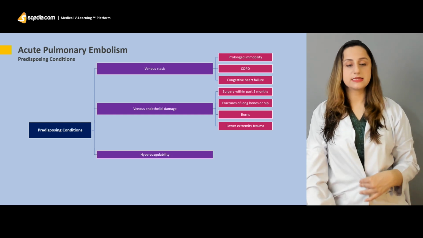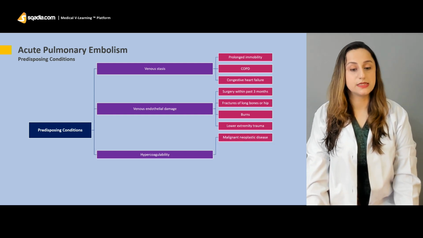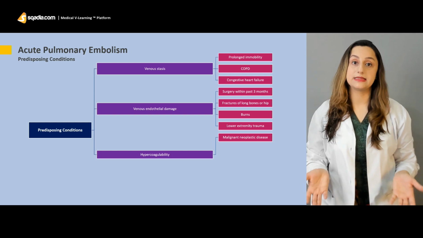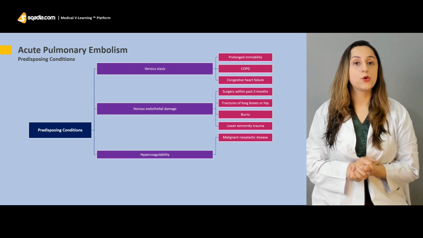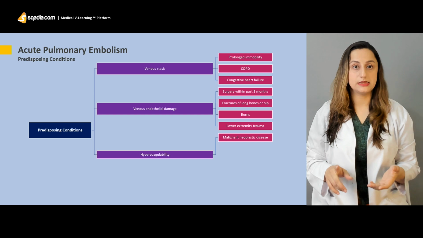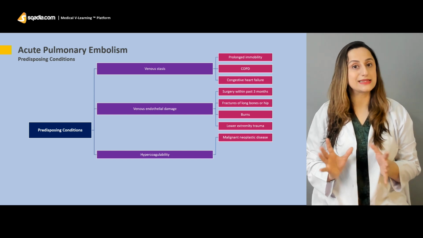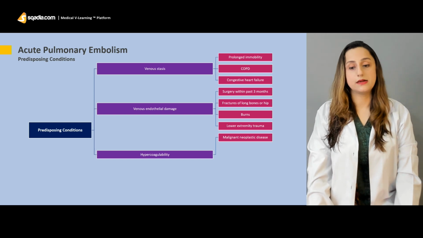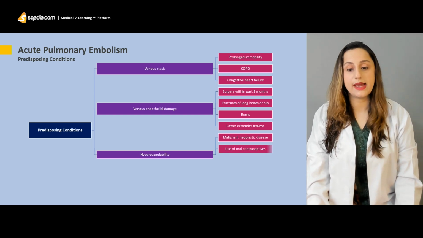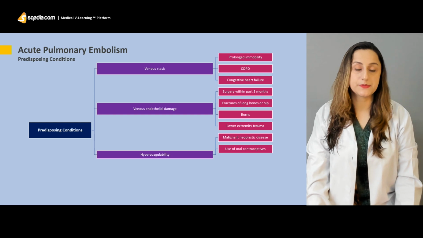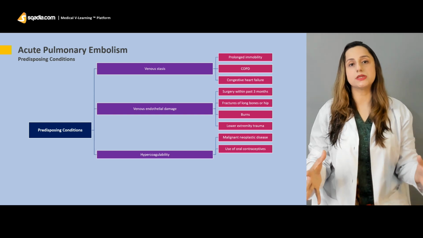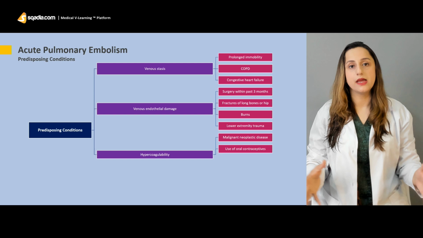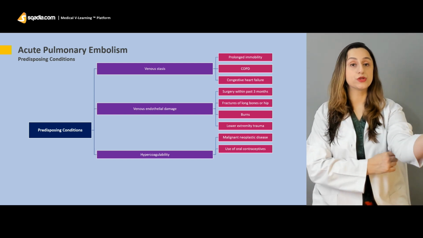So these are some of the scenarios that you have to consider. The hypercoagulability states. What are the hypercoagulability states that you have to consider? It can be a malignant neoplastic disease that is leading to hypercoagulability states. Then we have the use of oral contraceptives. So usually the patient is going to give you a detailed history regarding the use of oral contraceptives.